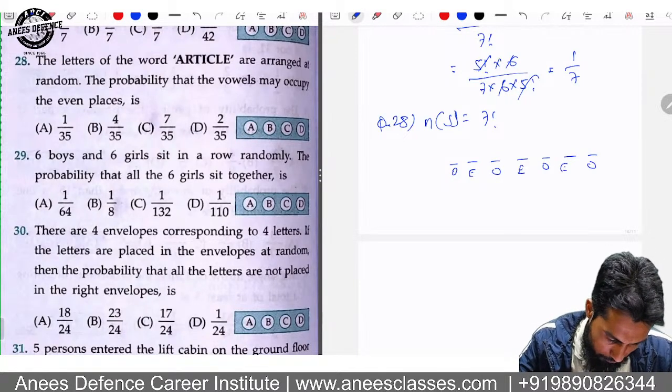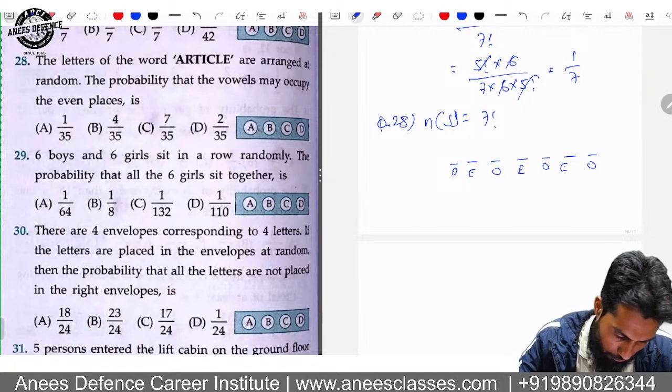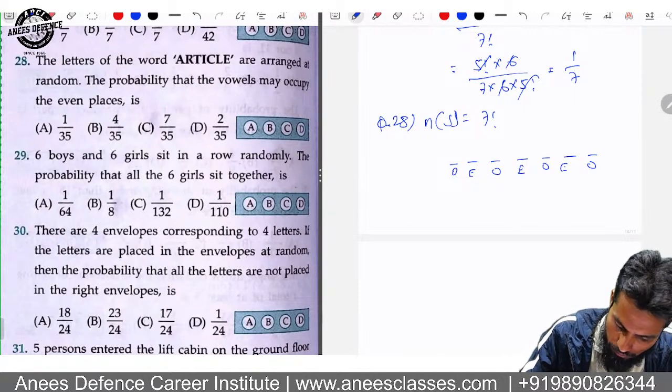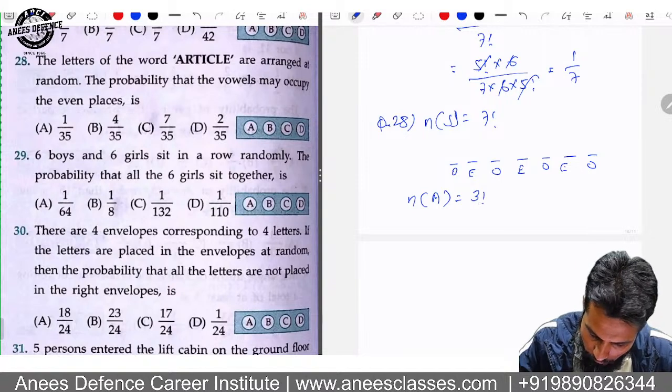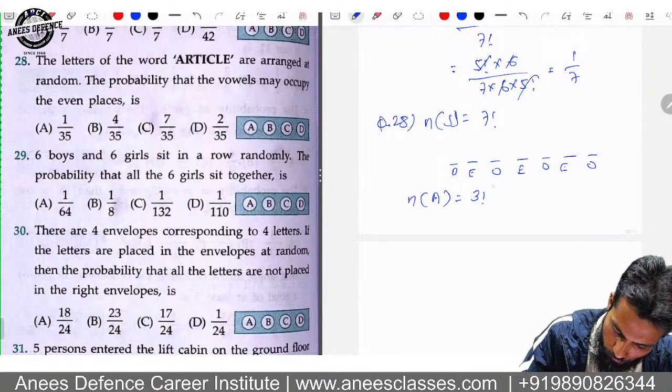So he wants to place them in even places. There are 3 even places and 3 vowels I, E, A are also there. So 3 positions and 3 values. Just 3 factorial will be for vowels, and 4 positions are there for consonants. So multiply it with 4 factorial.